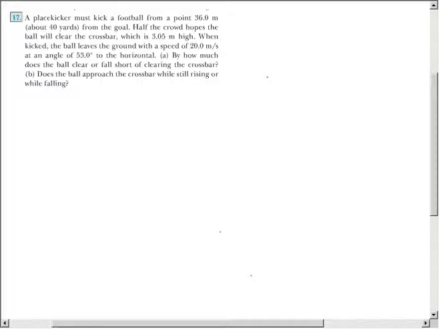Draw a picture or diagram of the situation and label your unknowns and your knowns. Pause the video and do the diagram. Okay, if I were to draw a diagram of it, first of all, you're about 36 meters away.